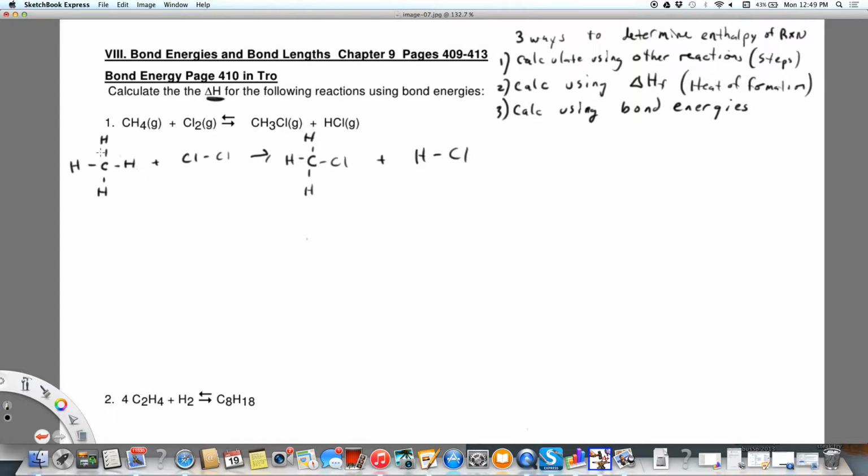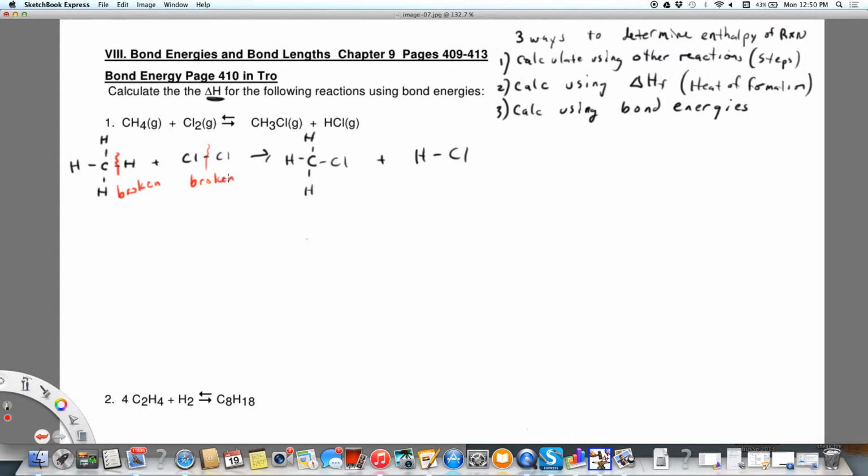If you look at the products and the reactants, you'll notice that not all of these bonds are broken. Only one of them is broken. So this is broken, and the Cl-Cl bond is broken.